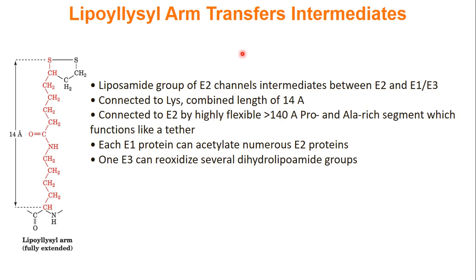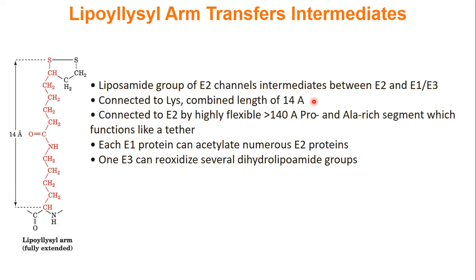Now, the main player in all this is our lipoamide arm, our lipoyllysyl arm, which is made out of a lysine and a lipoamide group. And this is on E2. And this thing is actually flinging our substrate, or channeling our substrate, between enzyme 2 and enzyme 1 and 3.